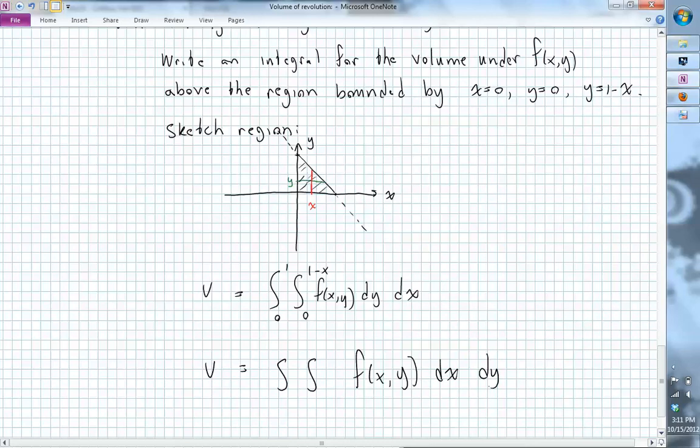We rewrite the integral and look at the notation. The order of these dx dy's changes to indicate that we're going along the x direction first and then along the y direction. It's very important that you pay attention to the order here because that controls the order of integration.